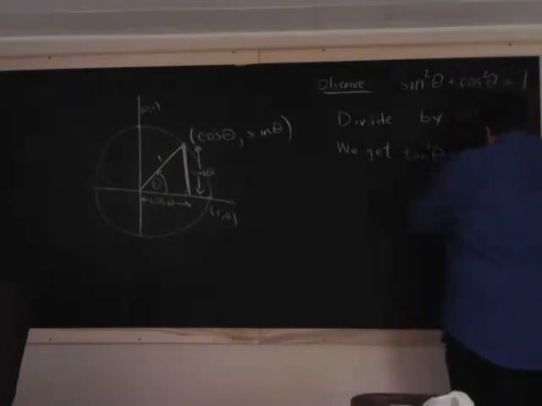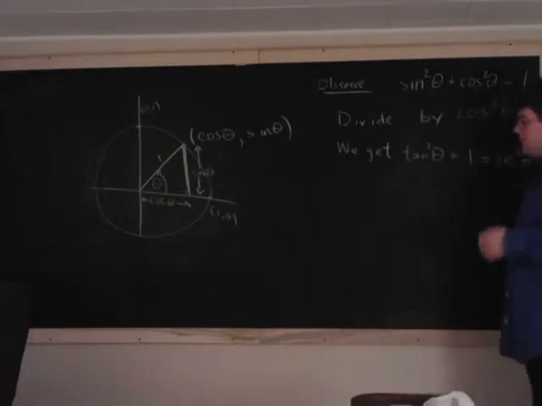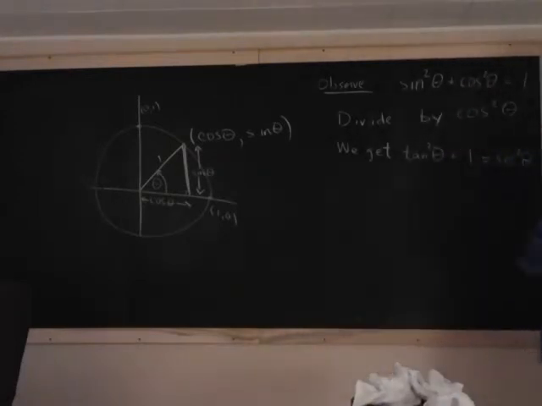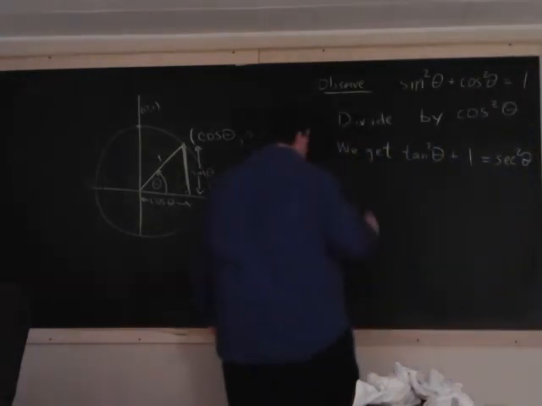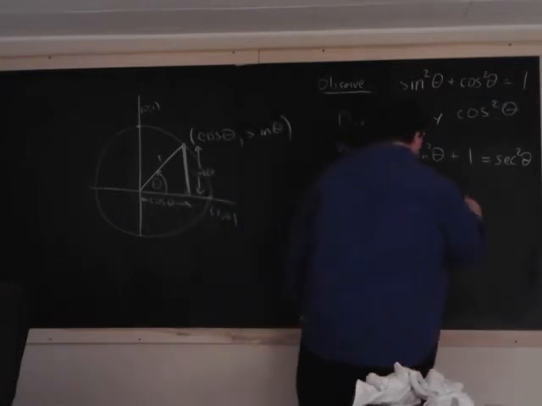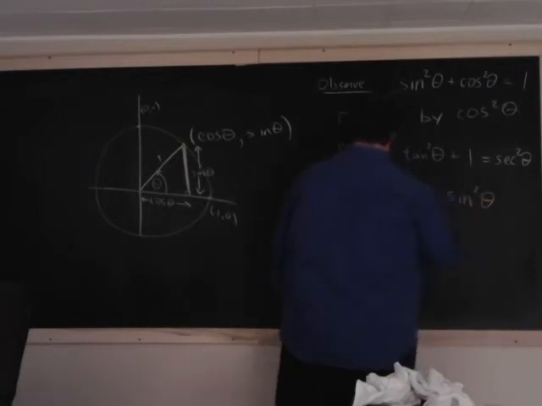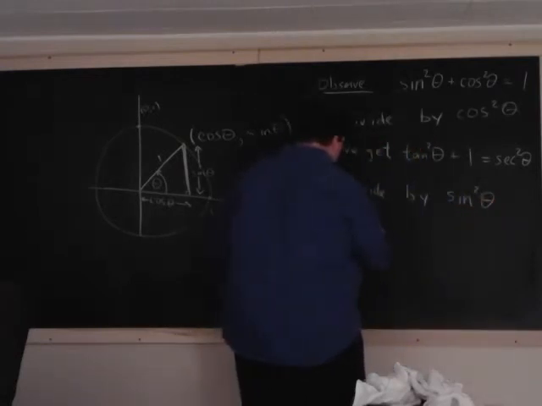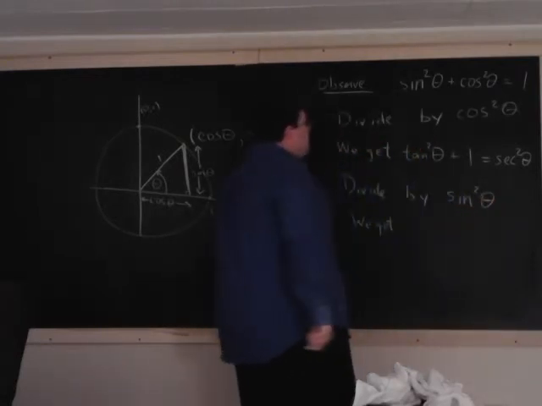But let's erase this, since if you want to see it again, you can rewind the tape. And let's write another relation. Well, we divided everything by cosine squared. What if we divided everything instead by sine squared? Divide everything by sine squared.